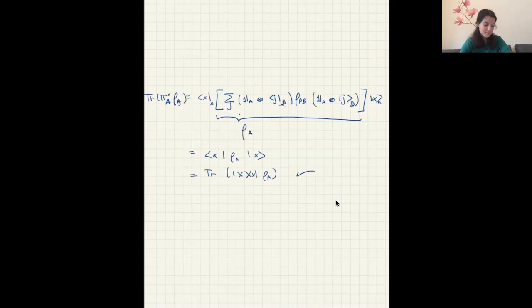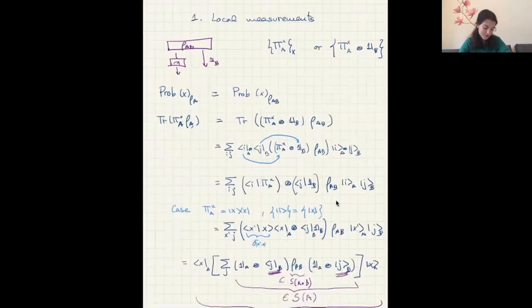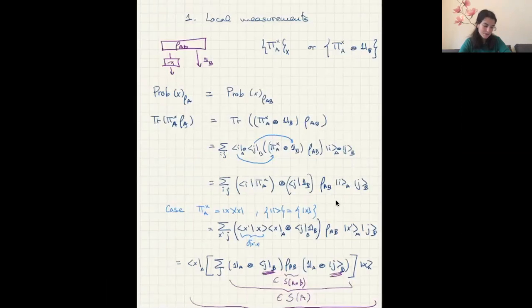You can see that for the case where this projector is not just a single state, you can do it. It's a bit more complicated. So this step here is not as easy, but it still works out.